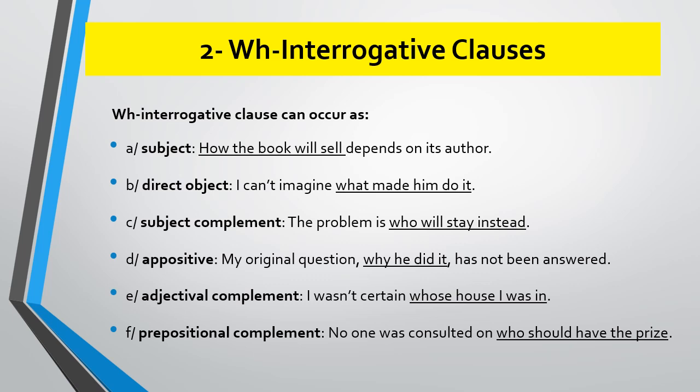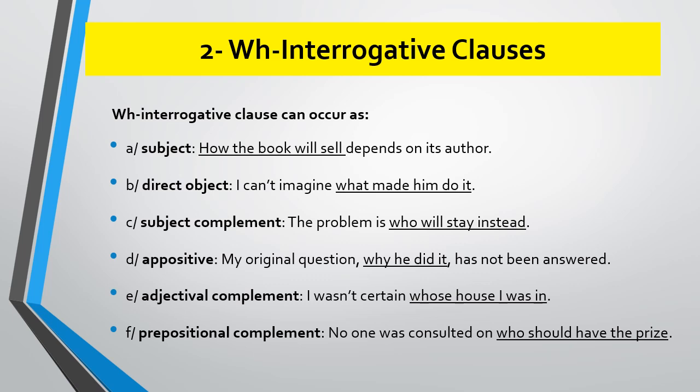Certain is an adjective. What follows after the adjective is a complement of that adjective if it completes and modifies its meaning. So whose house I was in, what type of nominal clause, it is a WH interrogative clause, and what function does it fulfill? It achieves the function of adjectival complement.